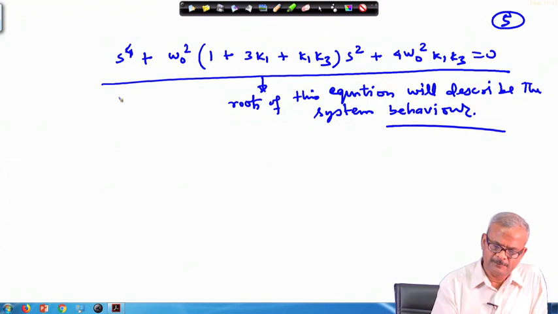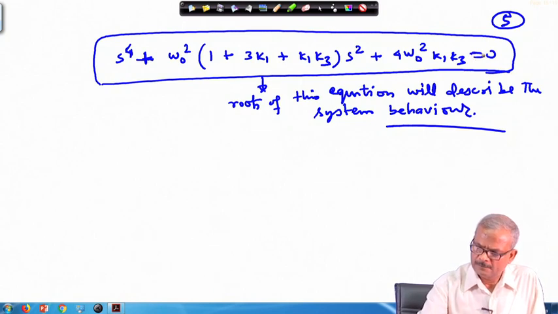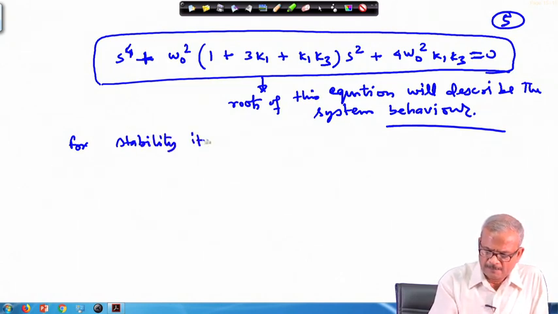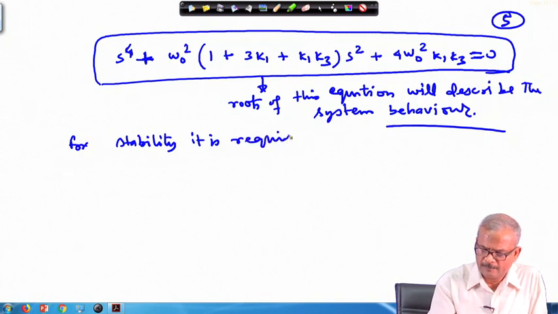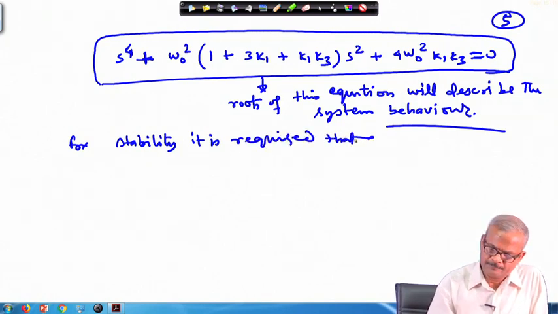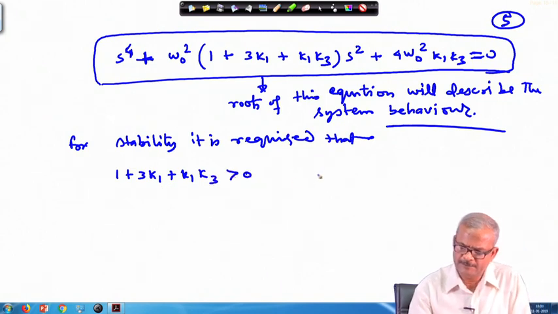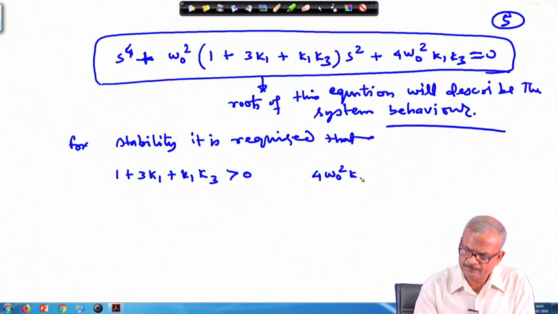Okay, so, I am trying to wind it up. Now, if you look here in this equation, for stability it is required that 1 plus 3 k 1 plus k 1 k 3 must be greater than 0, and 4 omega 0 square k 1 times k 3 should also be greater than 0.